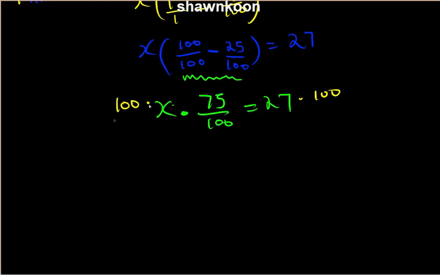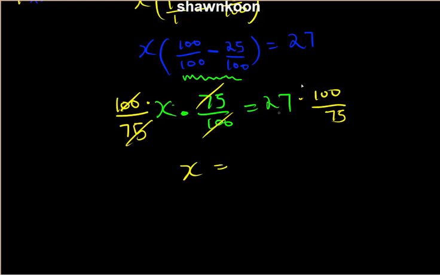Or this time I'll show you a shortcut. Instead of multiplying by 100 and dividing by 75, we can just multiply by the opposite, 100 over 75. As you can see, this is the opposite, right? Instead of 75 over 100, it's 100 over 75. If we do that, these two will cancel, and these two will cancel, and you're left with x on one side.